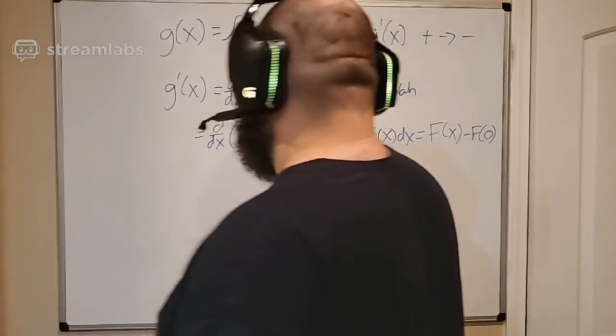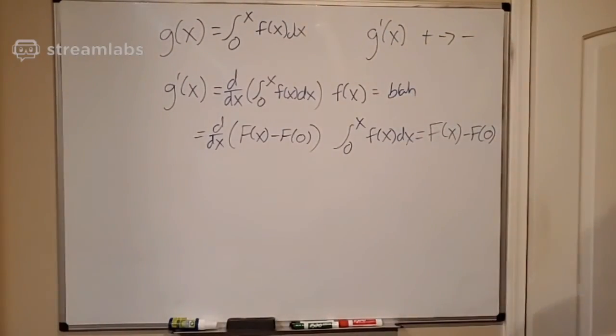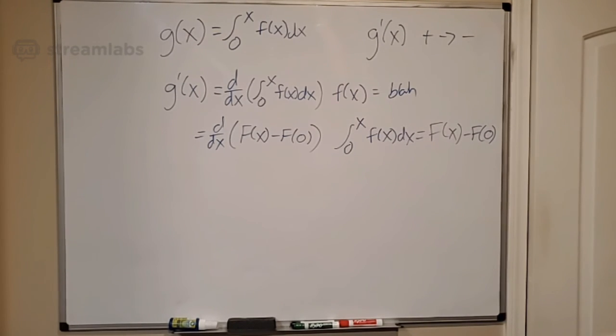So what is the derivative of capital F of x? F of x. Be a little more specific. We have lots of f's going around. Yeah, I forget, honestly. It's just lowercase f of x. There you go.